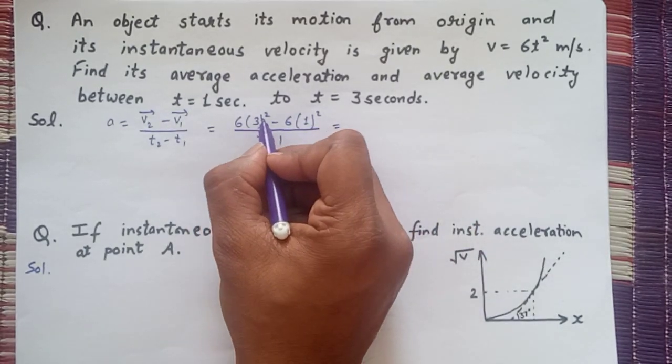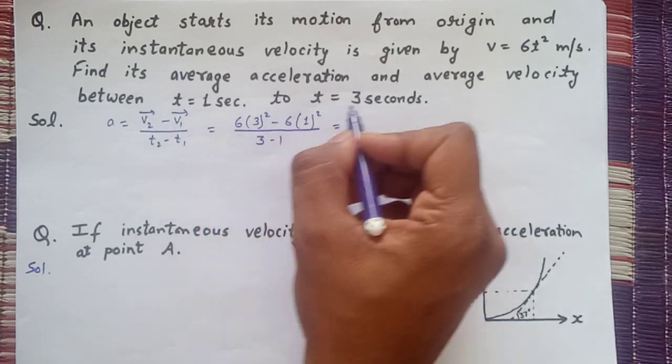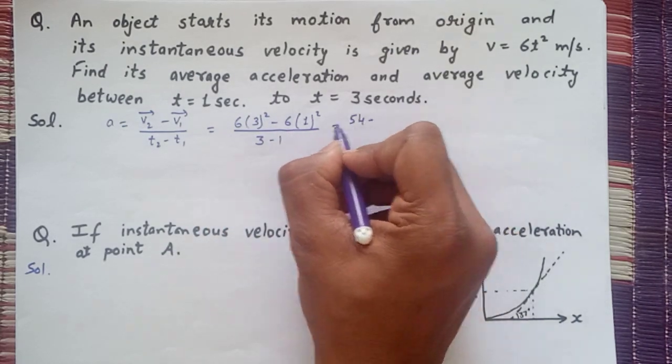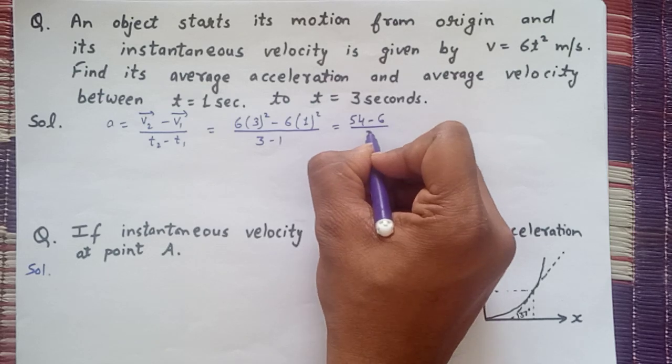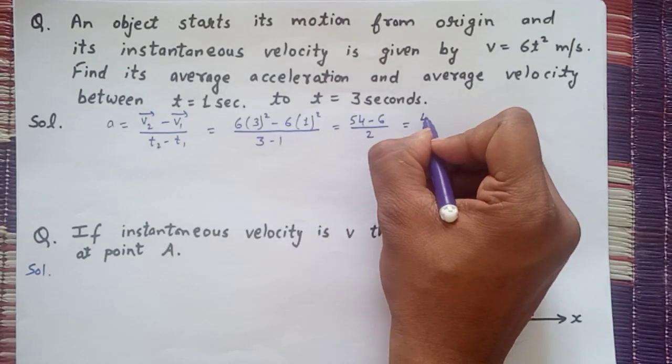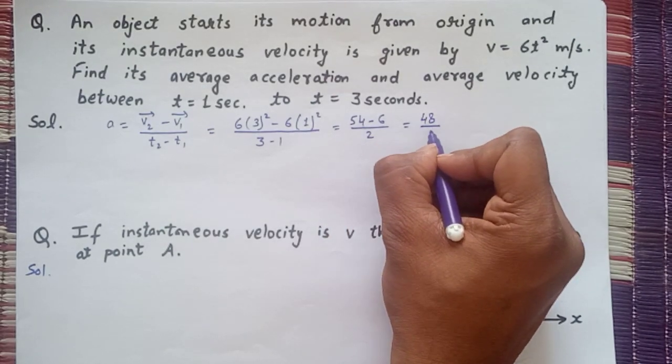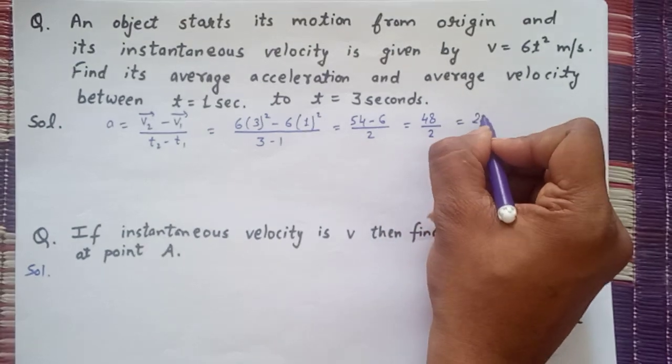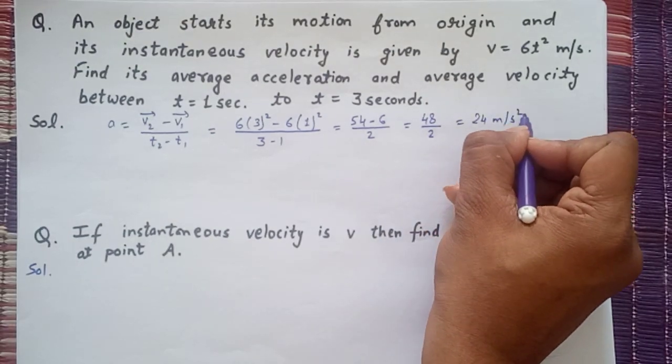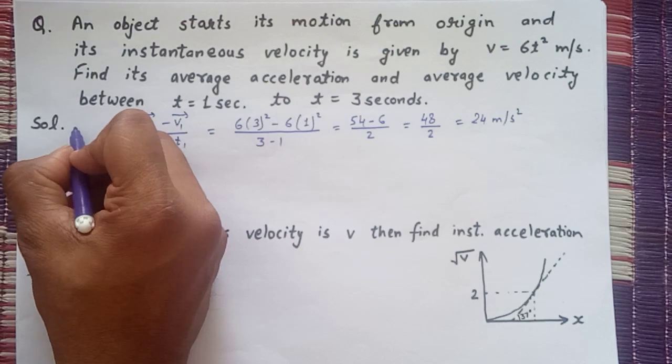So 3 square is 9, 9 times 6 is 54, minus 6, upon 2. It will be 48 upon 2, so it will be 24 meter per second square. This is the average acceleration.